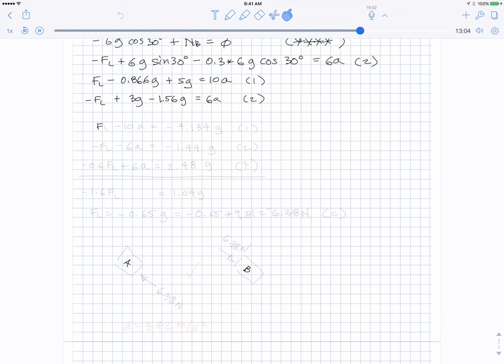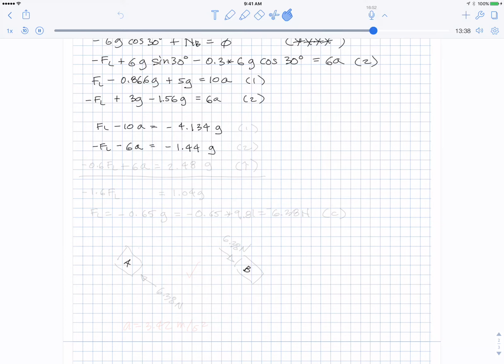Okay, so again, I'm going to rearrange these a little bit more. So we've got FL minus 10A equals minus 4.134G, and minus FL minus 6A equals minus 1.44G. And we need to solve that for F link.